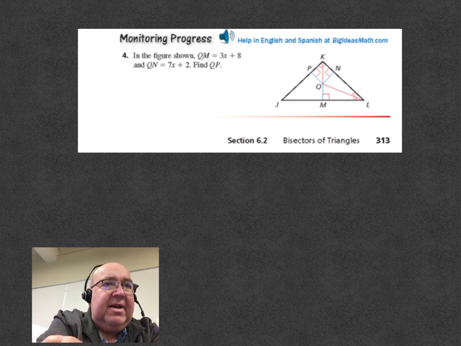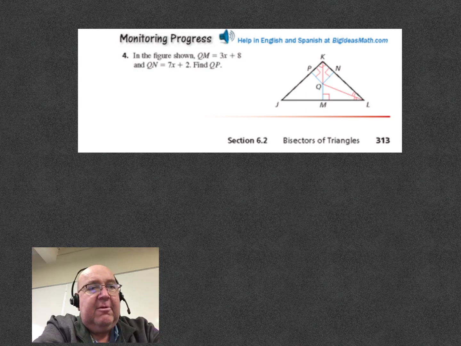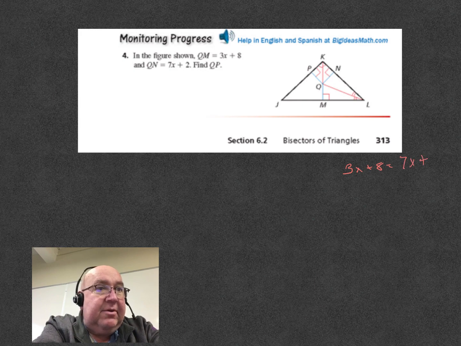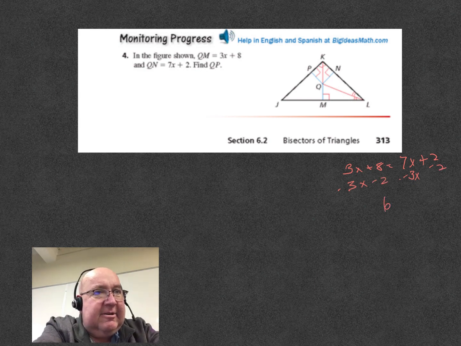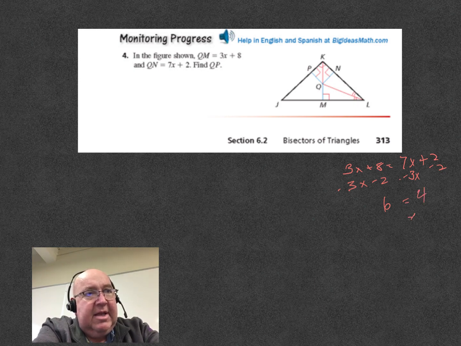Alright, here we're given QM is equal to 3x plus 8, and that QN is equal to 7x plus 2, and we want to find QP. So we're going to go 3x plus 8 is equal to 7x plus 2. I'm going to subtract 3x over here, subtract 3x over here, subtract 2, 6 and 4. X is going to equal 3 halves.